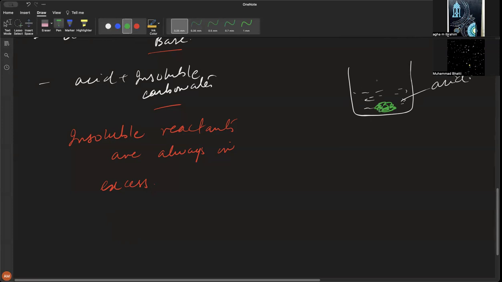The metal is going to gradually react, and this metal should be in excess. Why? To make sure that all of the acid has reacted, that all of the acid has converted into salt and water. And then the excess reactant can be filtered out to give you a pure solution of salt. Did you understand this point?